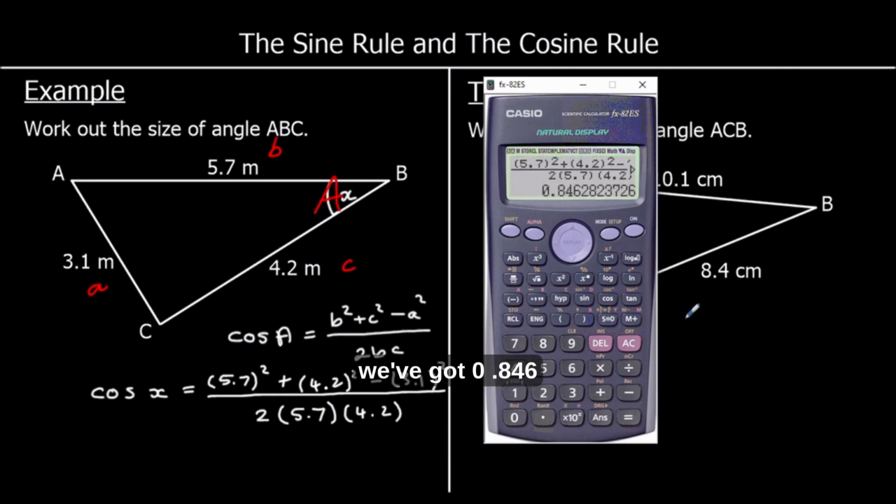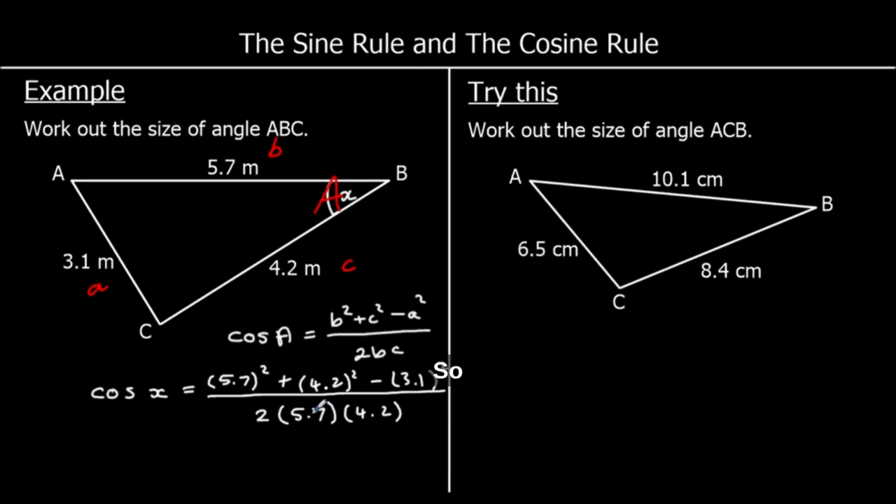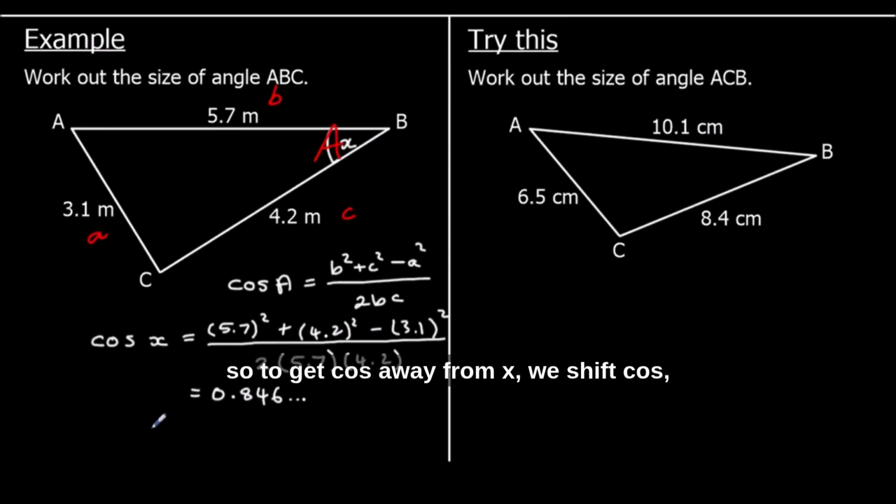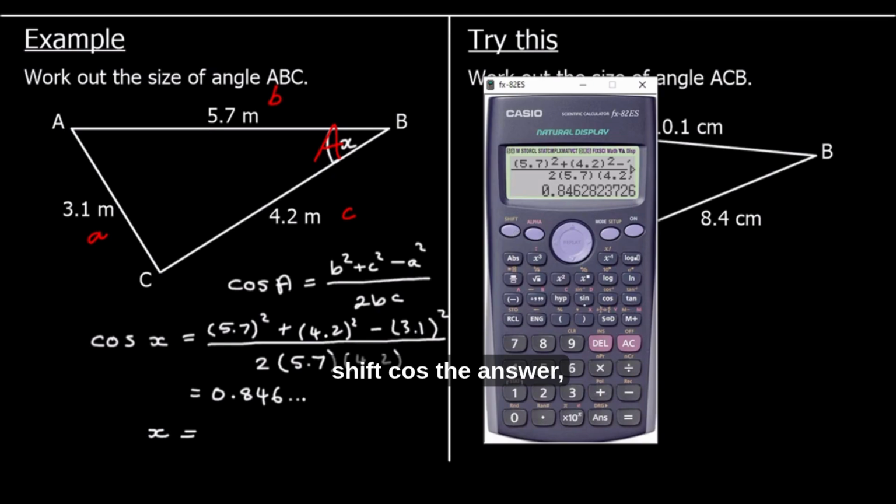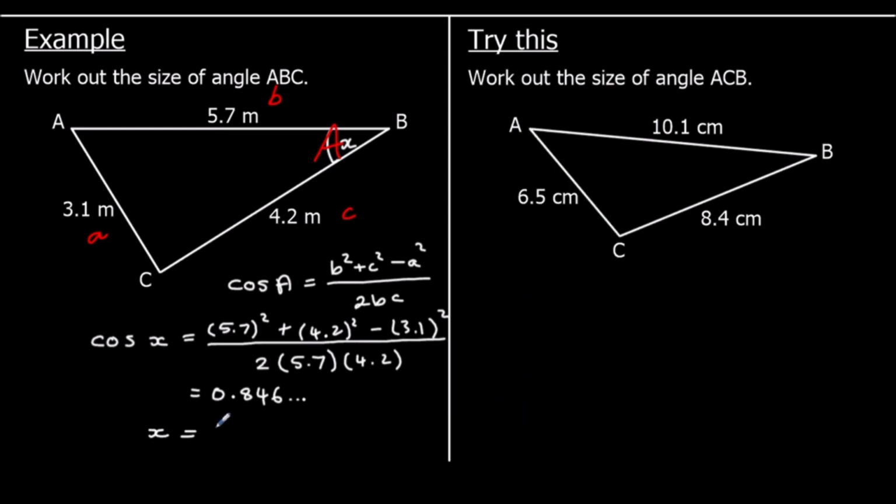So we've got 0.846 and so on, but that's cos x, and we want x. So to get cos away from x, we shift cos the answer, and that's 32.19 degrees to 2 decimal places.